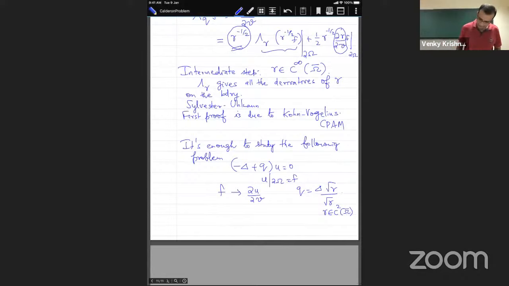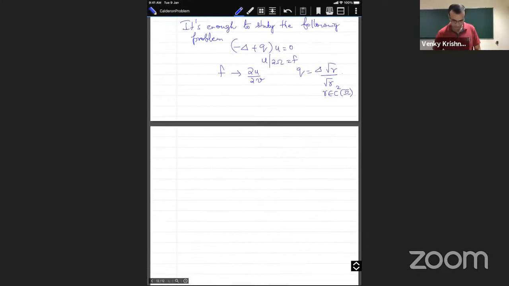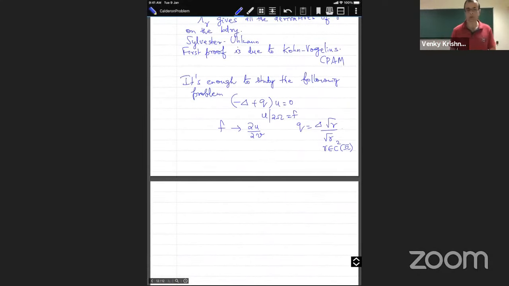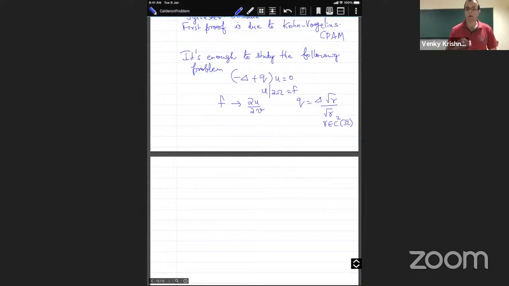All right. And why is this important? The reason is the following: suppose this Q were not present. Then the initial approach of Calderon asked us to look for solutions of the form e to the i x dot zeta, where zeta is a complex vector. The idea of Sylvester and Uhlmann is to look for perturbations of the solution.